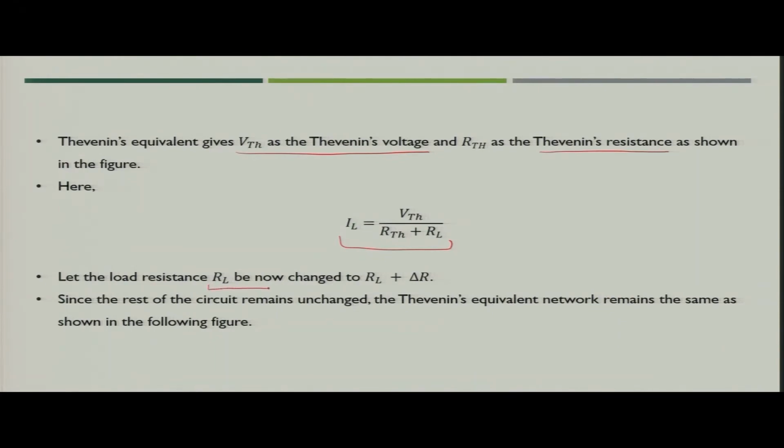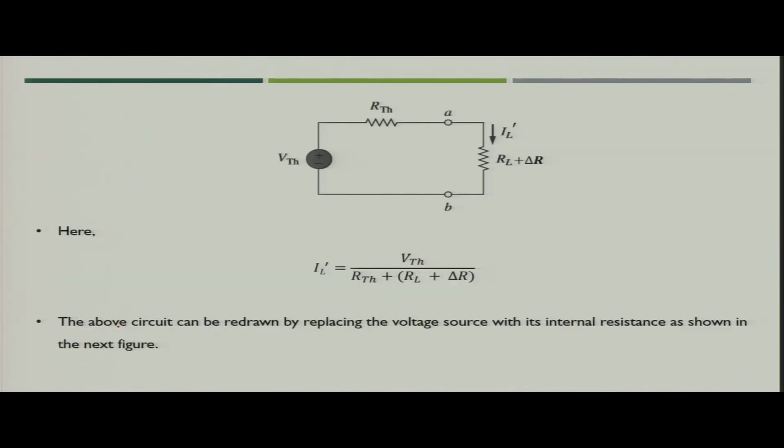Now, let us see what will happen if we change the value of load resistance from RL to RL plus delta R. Since the rest of the circuit remains unchanged, the Thevenin equivalent network will remain the same, as shown in the next slide. The other parameters of the circuit are the same, so there is no change in the Thevenin equivalent.